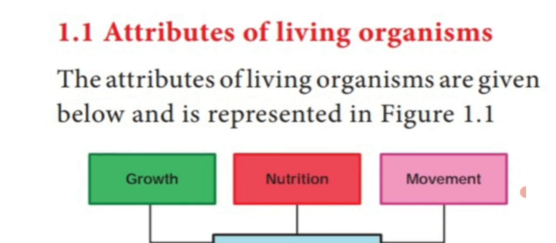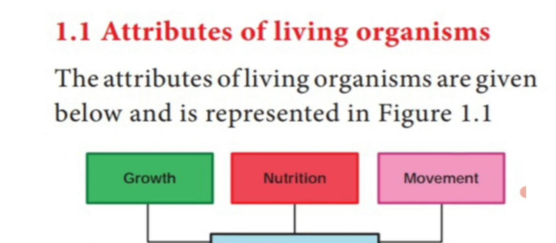Dear students, not only differentiation, these living things also show certain common functional or physiological activities, that is said to be attributes of living organisms. With the help of these attributes only, they exist on the earth.